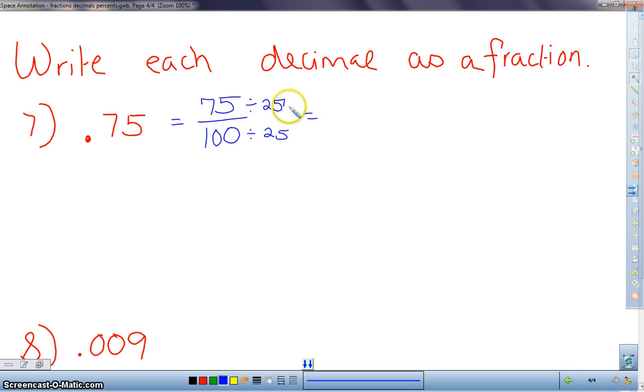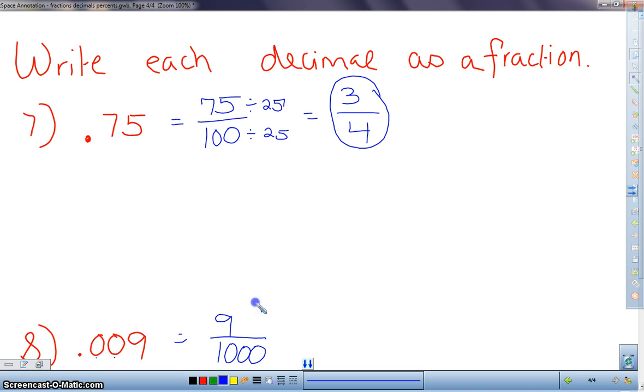So 75 divided by 25 is 3. 100 divided by 25 is 4. My answer is 3/4. Okay, the next one, this is 9. This is tenths, hundredths, thousandths. And you can't simplify 9 thousandths, and so you are done. Okay, so this is decimals as fractions.